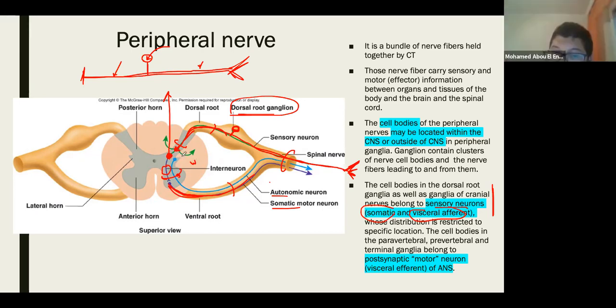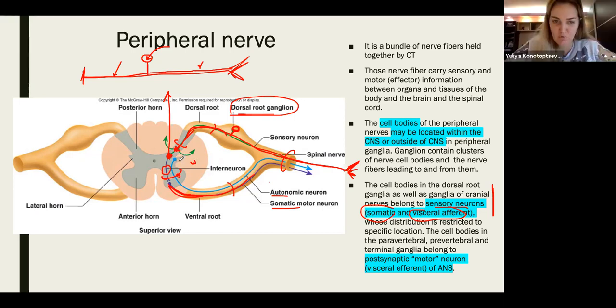It's called the lateral horn of the spinal cord, and that's where the sympathetic part of the autonomic innervation will be. So that's where the autonomic or visceral efferent neuron will originate from. There is no interneuron in this area. So this lateral horn is the sympathetic part of the autonomic nervous system, but we will talk about more details next class.